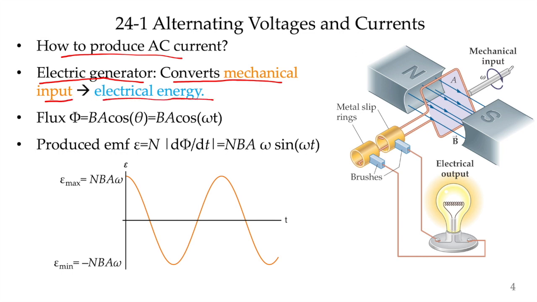If you turn this shaft, you can turn it with your hand, you can turn it with wind power, you can turn it in a dam with water flowing down, in any way. So this loop inside this magnetic field will turn, right?